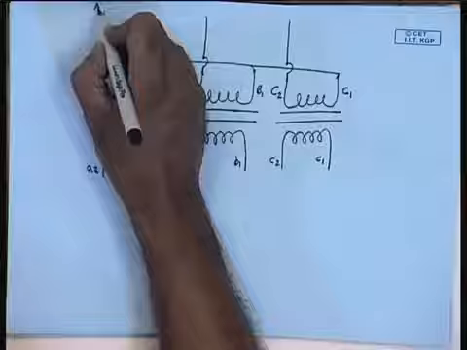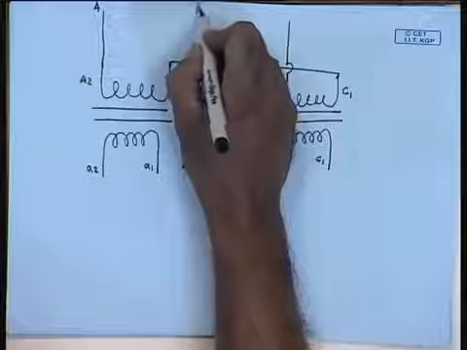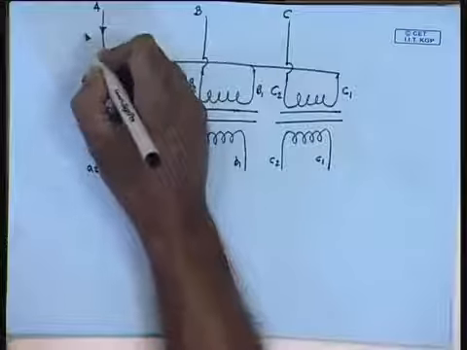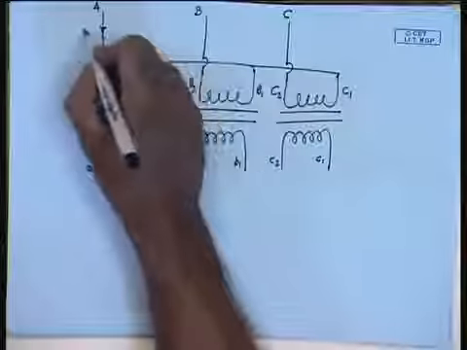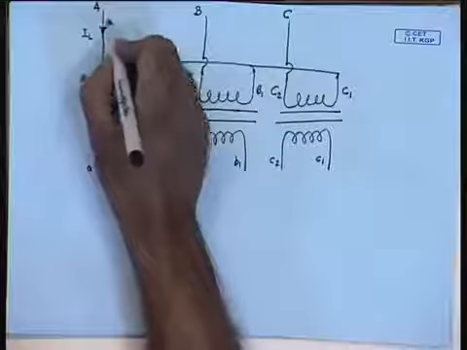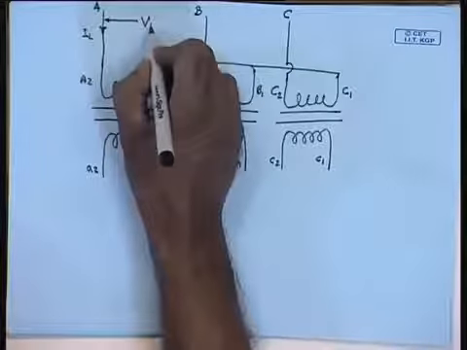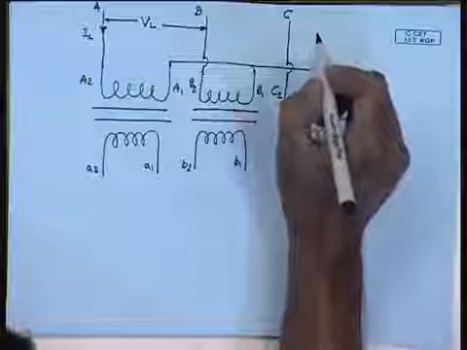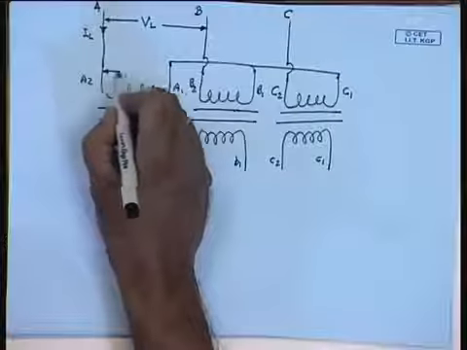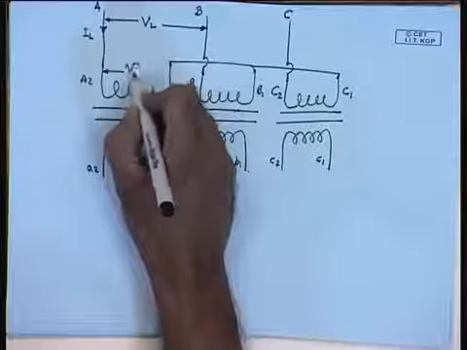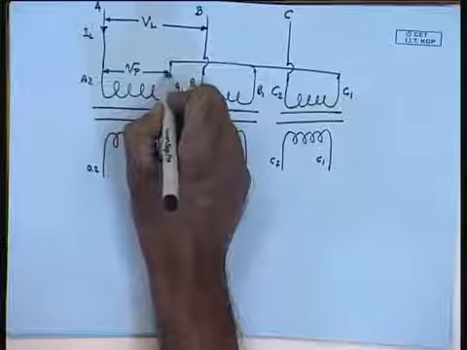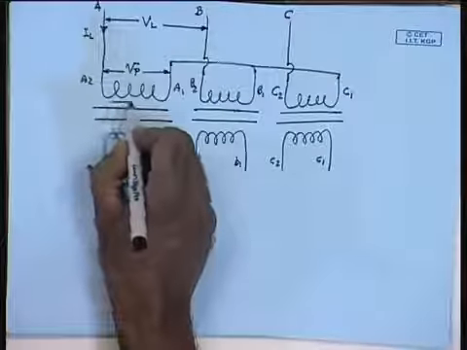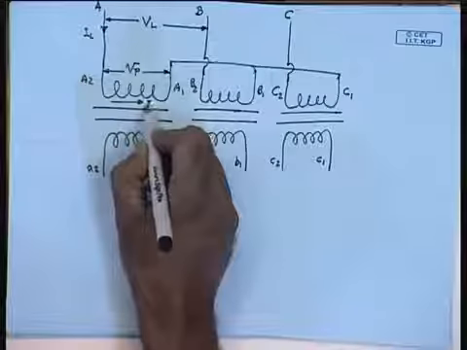So, this is phase A of the high voltage side, this is phase B of the high voltage side, this is phase C. This is the line current IA flowing and this is the line to line voltage V capital L, and this is the phase voltage V capital P. This is the winding current or phase current I capital P.